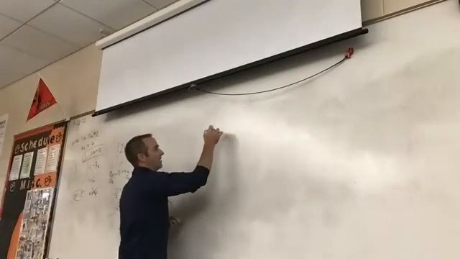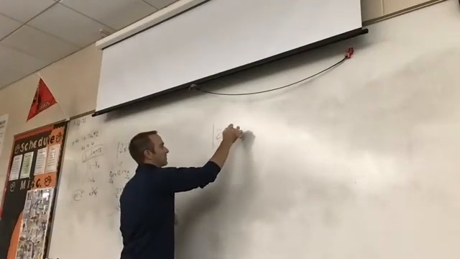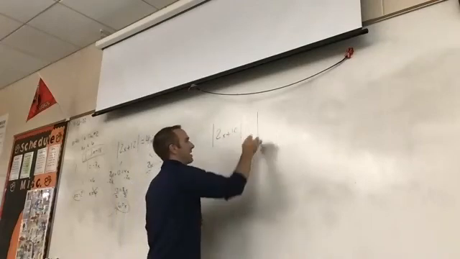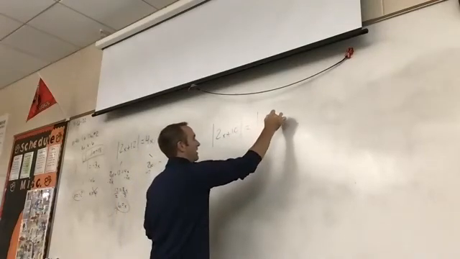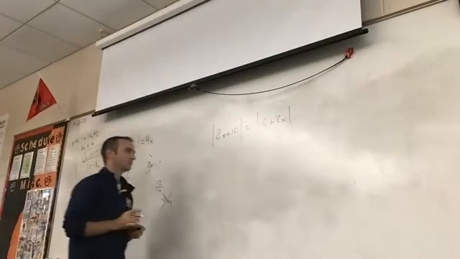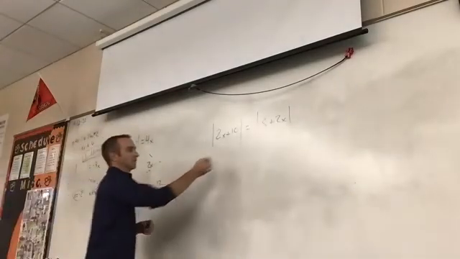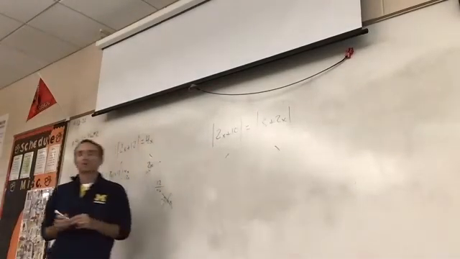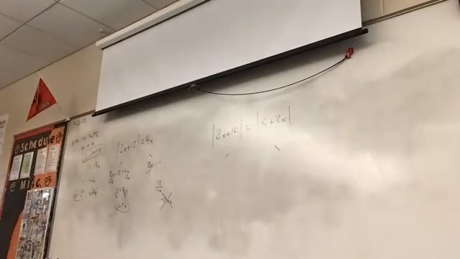All right, I've got absolute value 2x plus 10 is equal to the absolute value of 8 plus 2x. Go ahead and split it up into your two equations and solve. Solve both equations here.